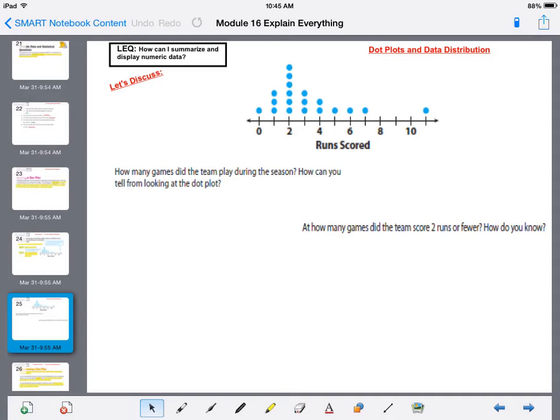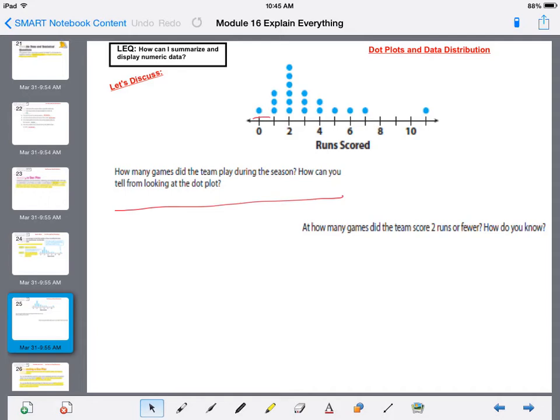We can answer questions based on this dot plot. For example, how many games did the team play during the season? We can tell by looking at the dot plot. All we have to do pretty much is count the dots, and that will tell us how many games the team played during the season.